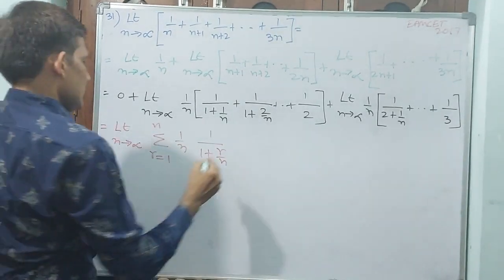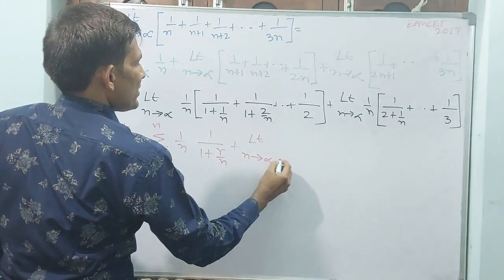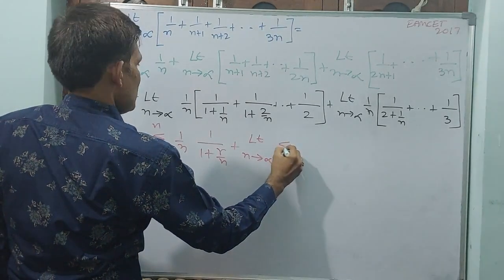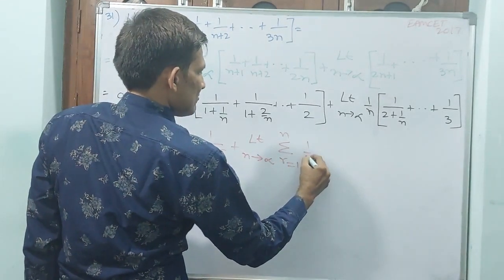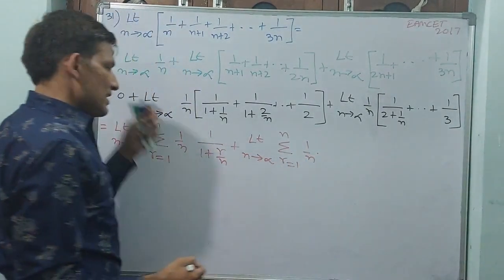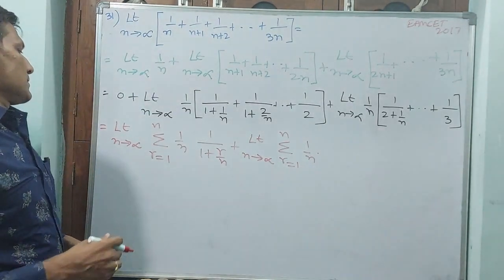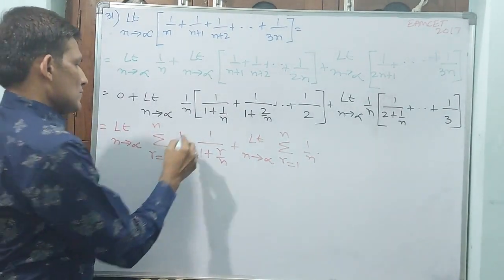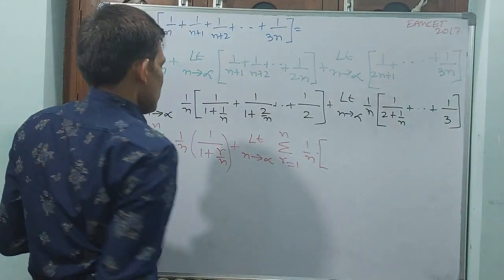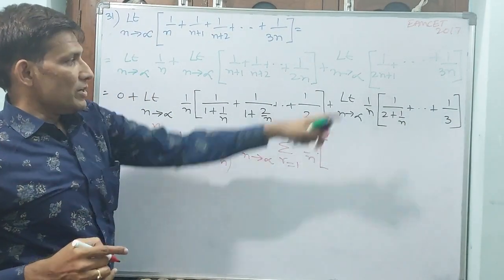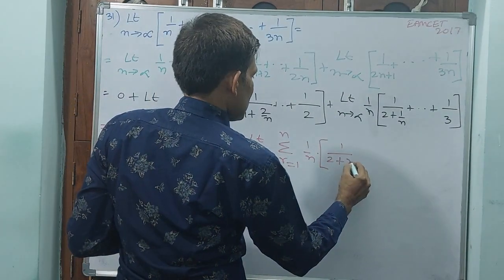Okay. Now, plus limit n tends to infinity, sigma r is equal to 1 to n, same like here, 1 by n also same. But wait, here you see 1 by 2 plus r by n.